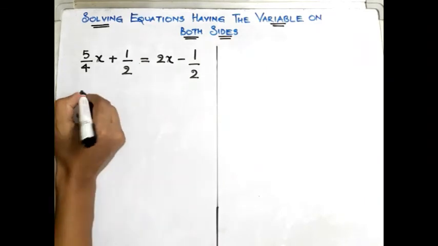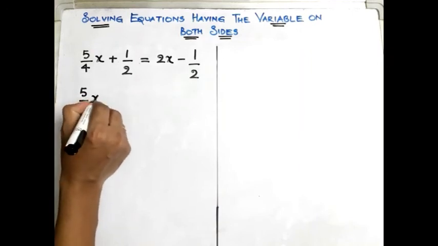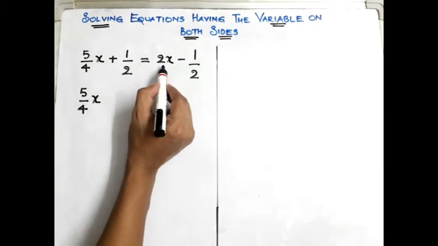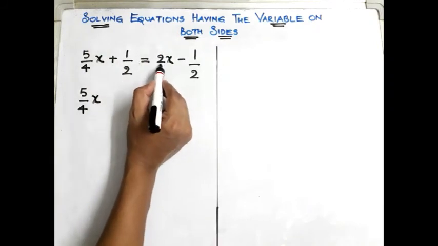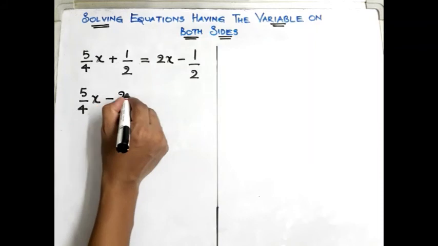So here we have 5/4 x, and the like term for 5/4 x is on the RHS, which is 2x, that means plus 2x. If we transpose plus 2x to the other side, it will become minus 2x.